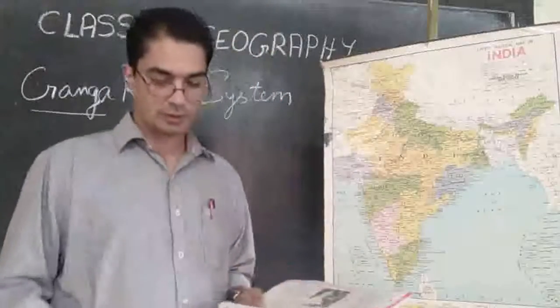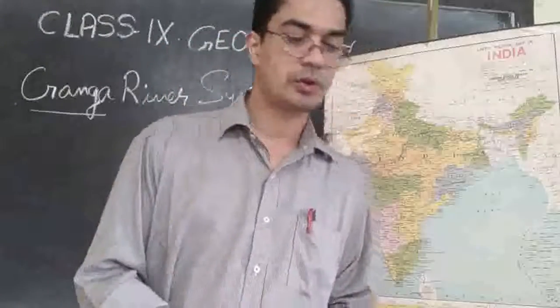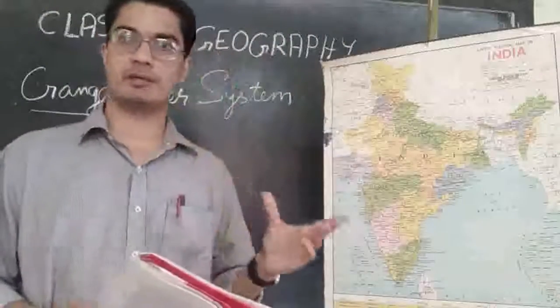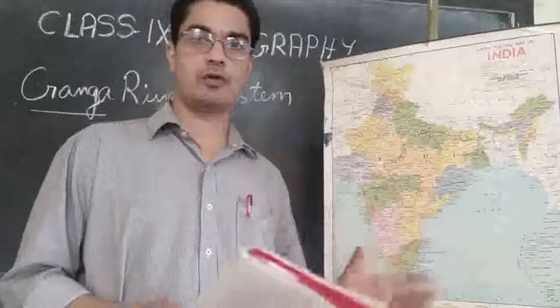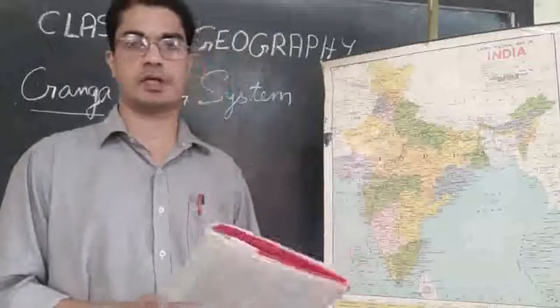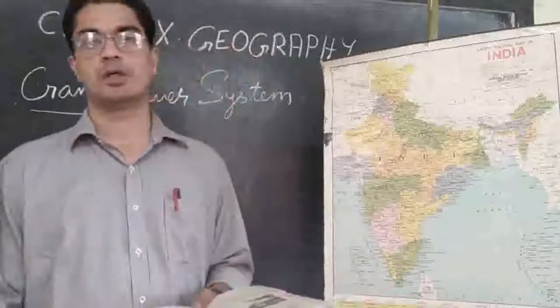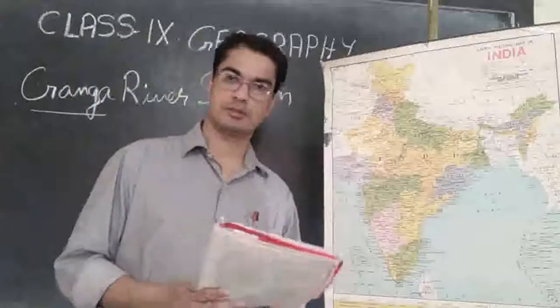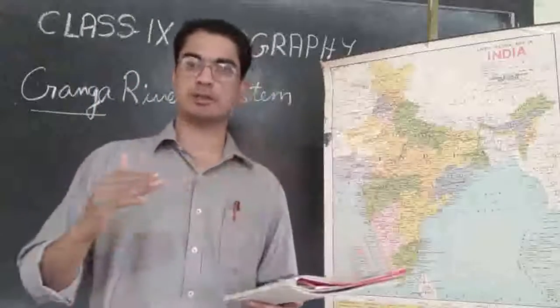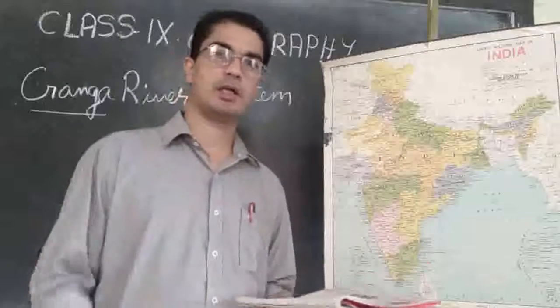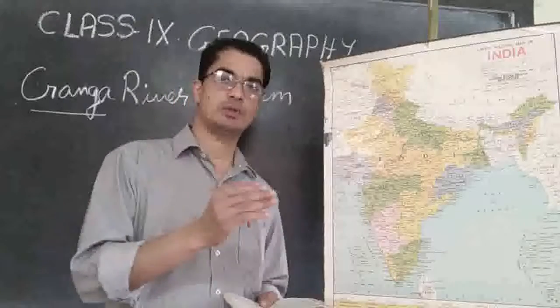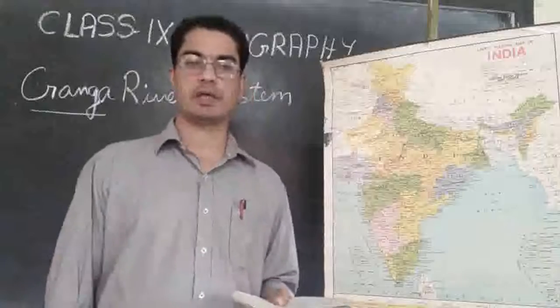So we studied about the four tributaries of Ganga. All of them are quite big. One is the river Yamuna. It flows parallel to the Ganga, and when it reaches Allahabad, it joins the river Ganga.